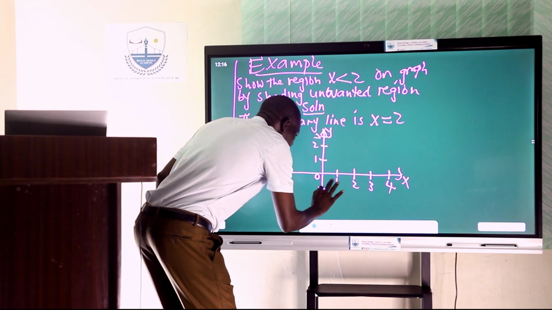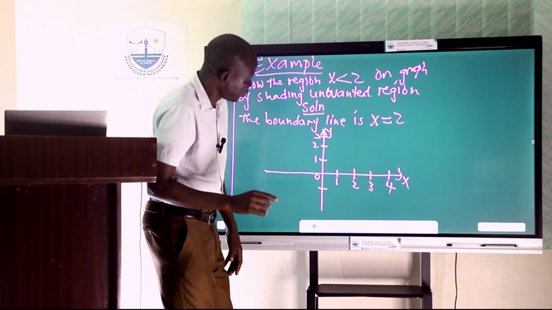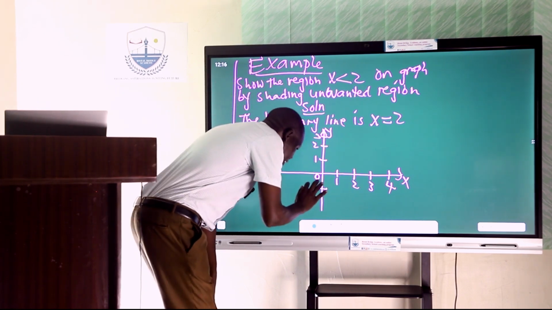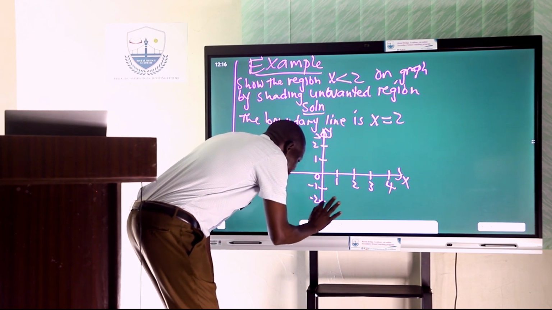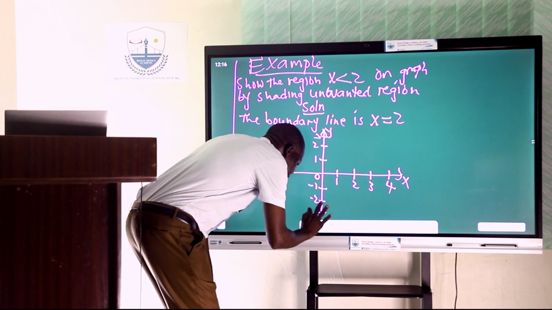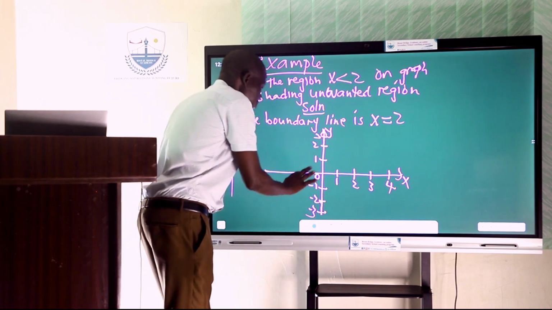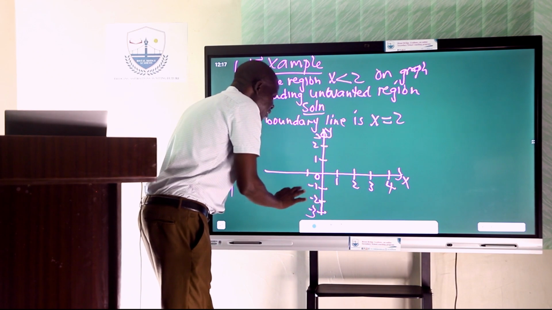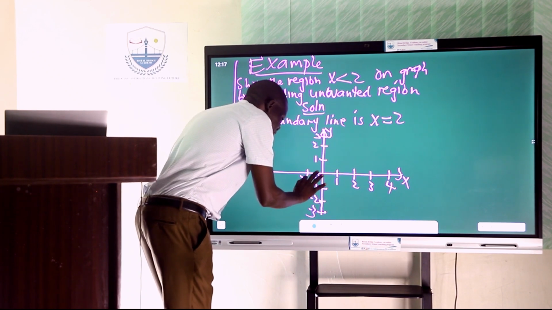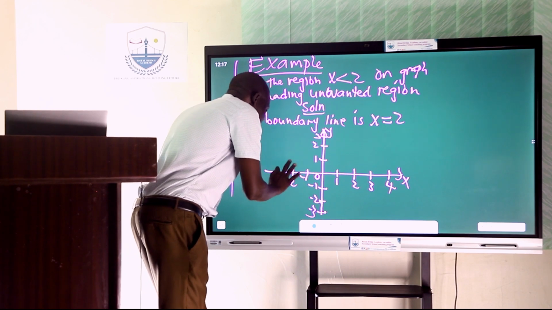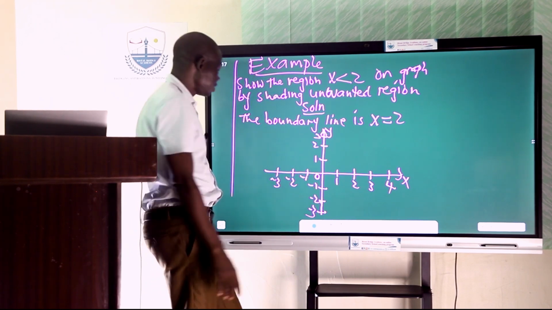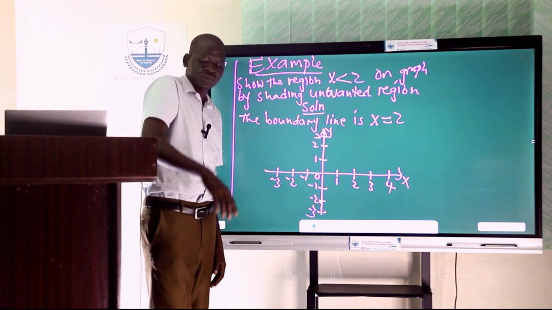Figures below 0 and on the left-hand side of 0 are negatives: -1, -2, -3, and so on.